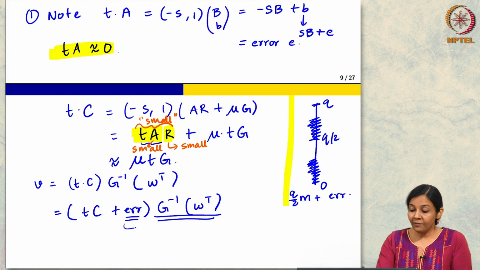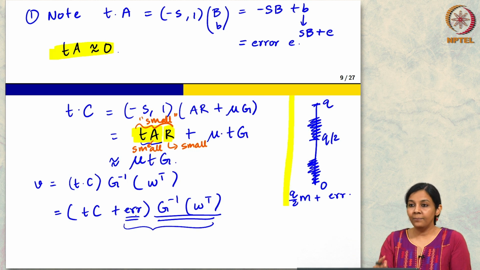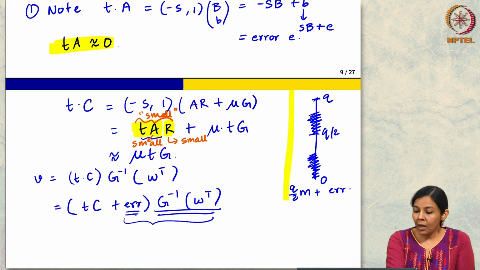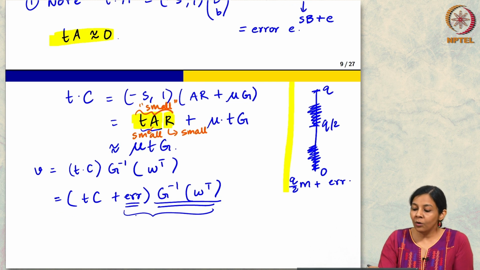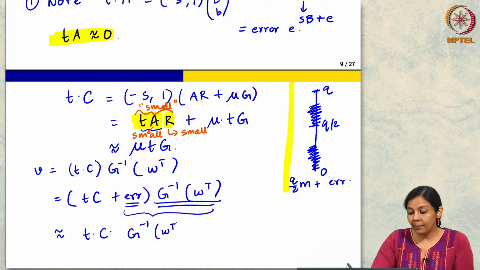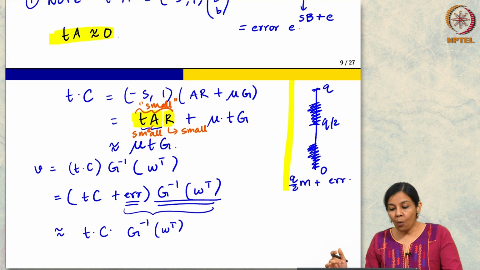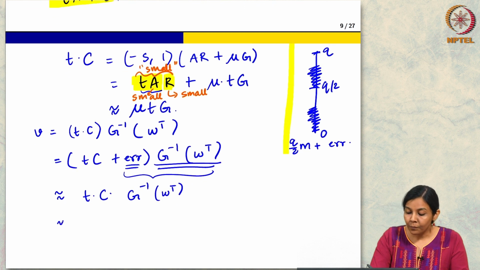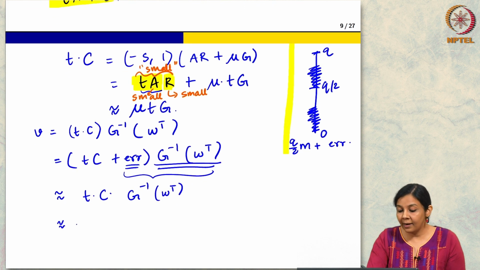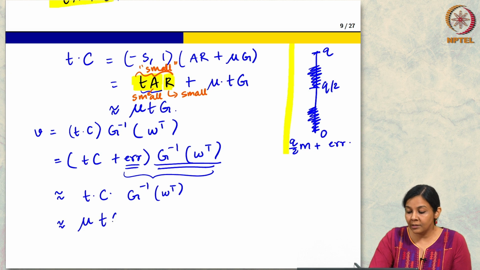So, I have somehow ensured that error times something binary is small, and again that is going to work. So, I am going to again ignore the noise and write this as t times c times G inverse W transpose. Now, what is t times c? T times c we said is approximately mu t g.